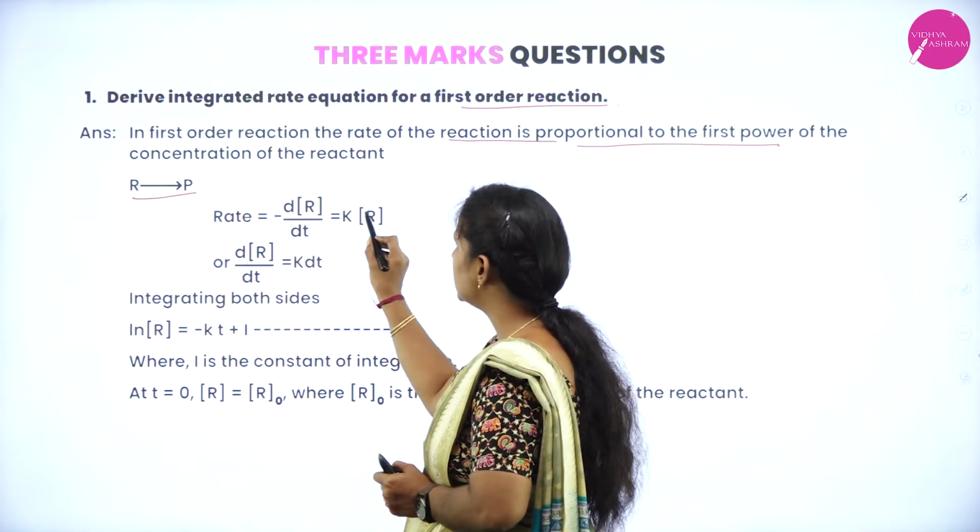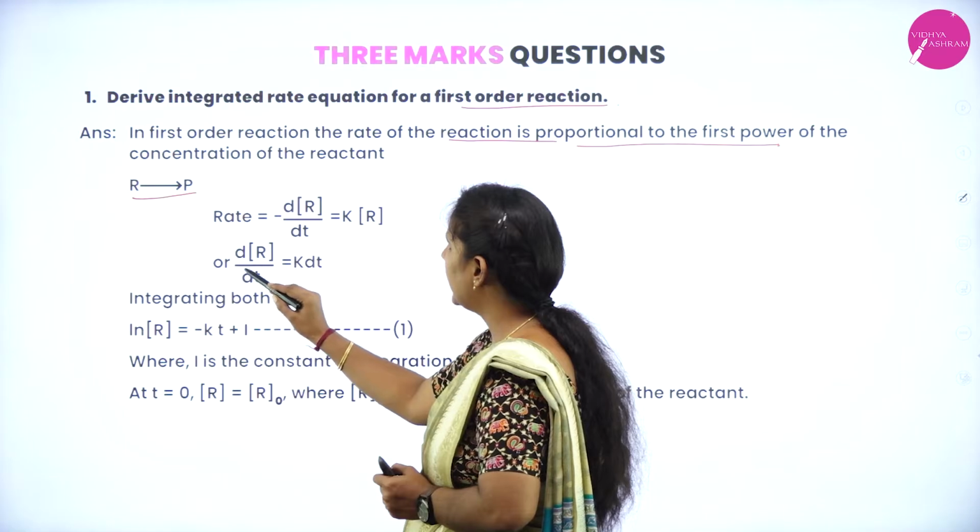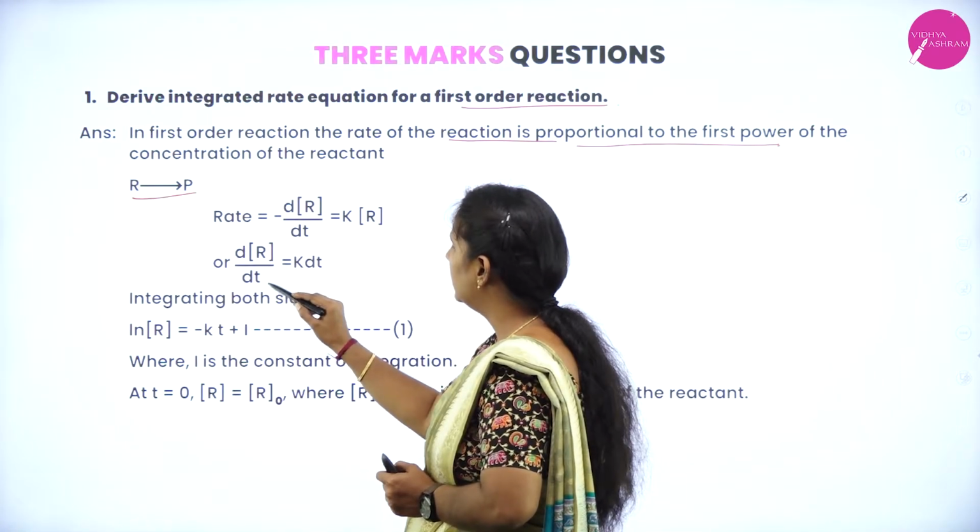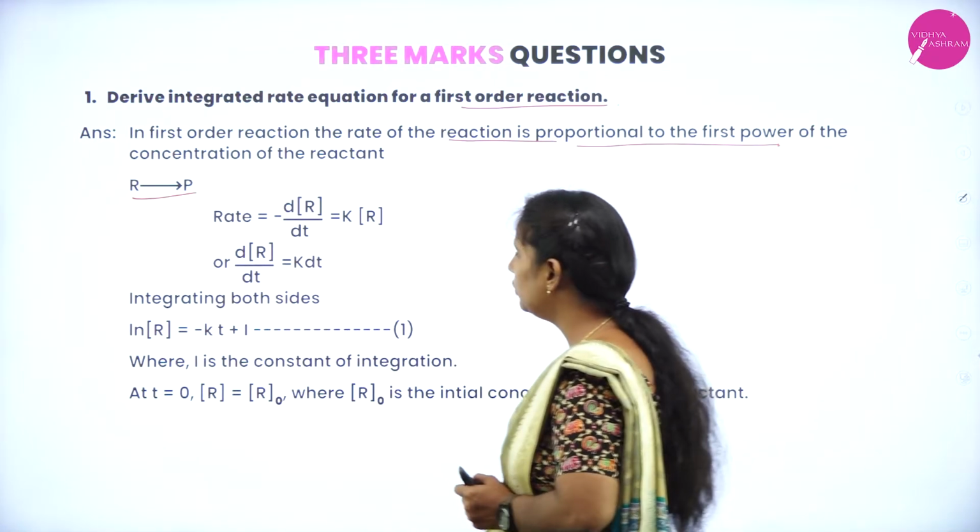Just rearrange these two and you can rewrite it as d[R] divided by [R], which is equal to minus k into dt.